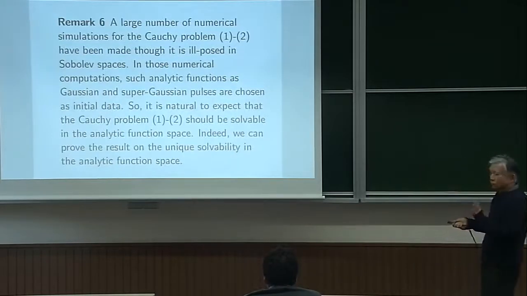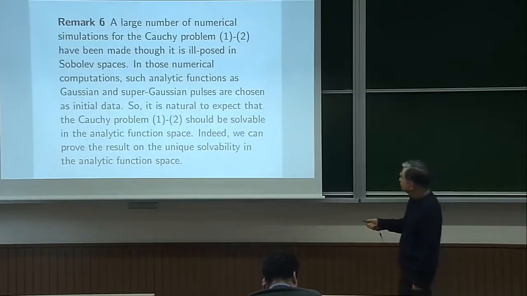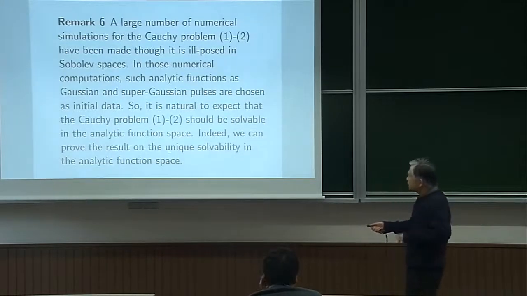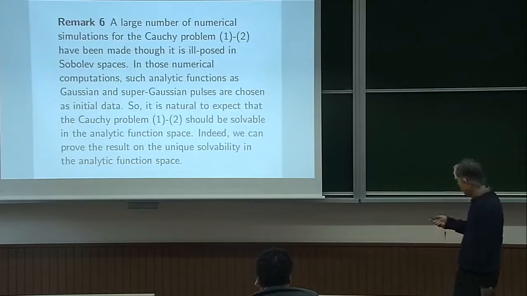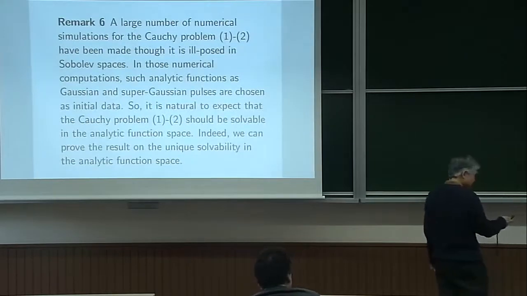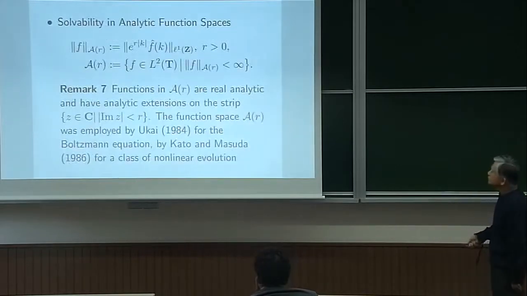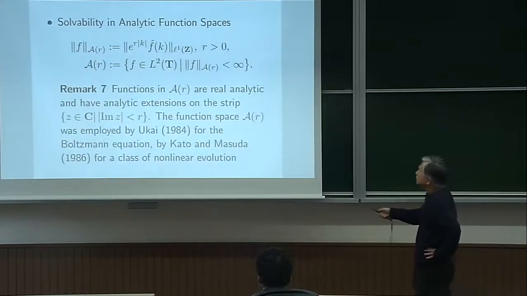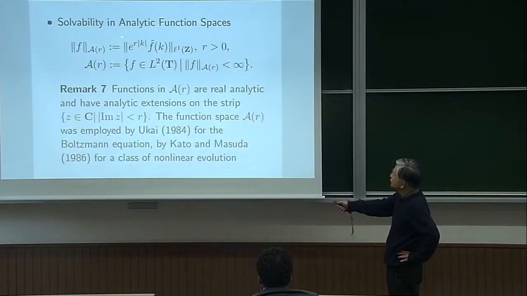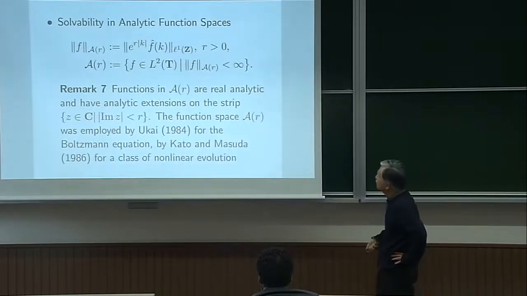So this is the Cauchy-Kowalski theorem. Indeed, we can prove the result on the unique solvability in the analytic function space. That is the second part. So let me briefly explain the solvability in analytic function spaces.